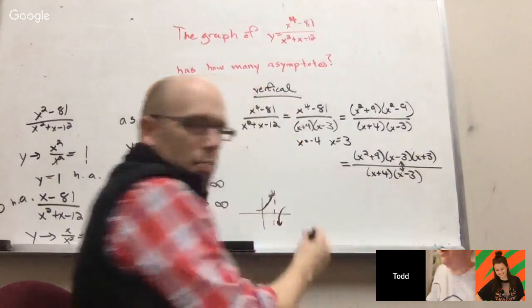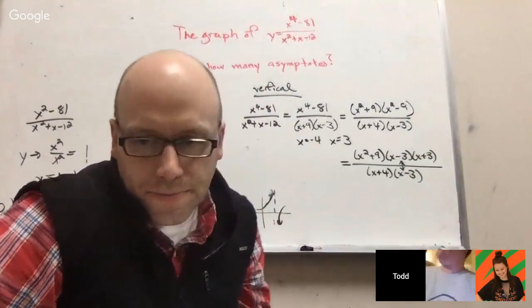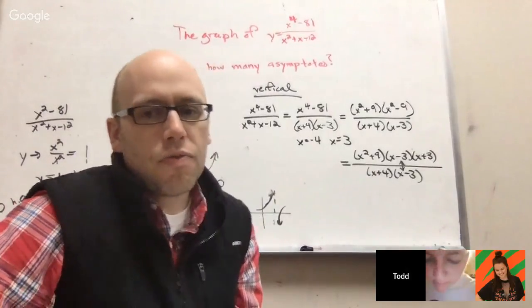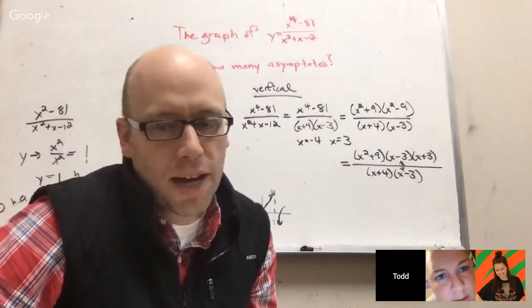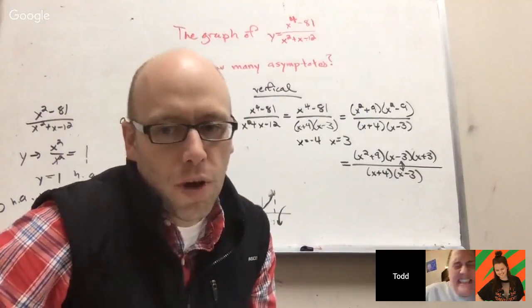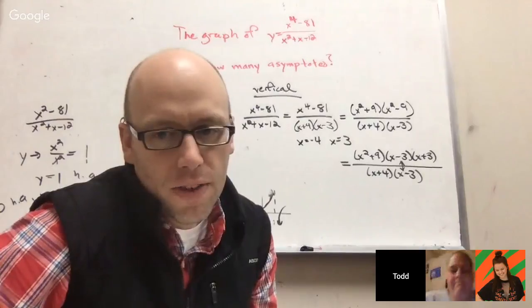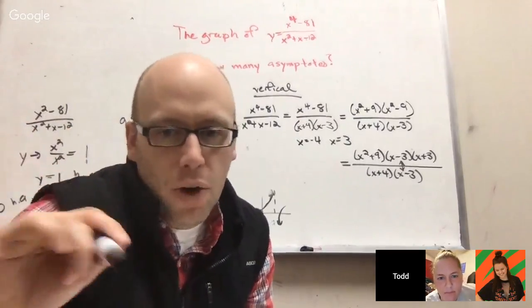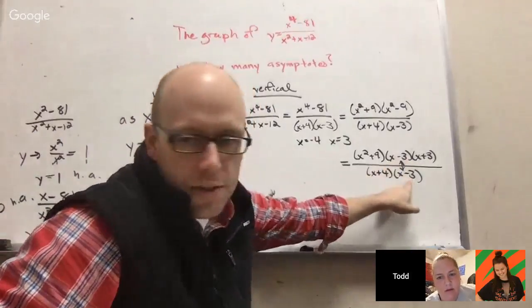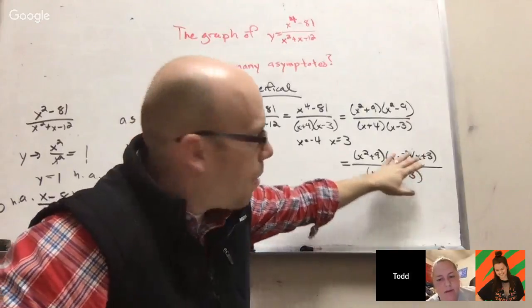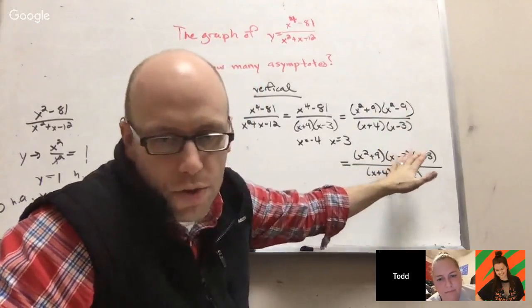You see that we have x minus 3 in the top and the bottom? What that means is the function is undefined at x equals 3, but because it's a 0 of both the numerator and the denominator, Gabby asked, does that mean there's a hole at 3? And you're exactly right. x minus 3 over x minus 3, because it's 1 everywhere except at 3, makes no difference whatsoever for the graph.